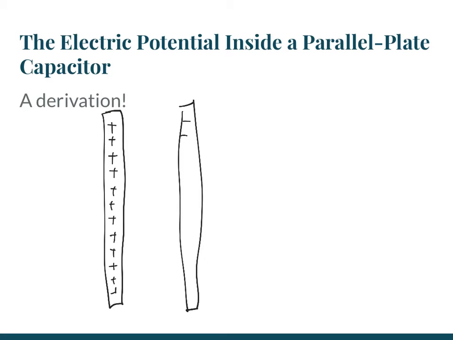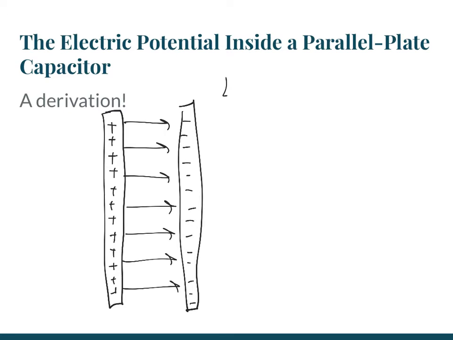Now we should know from the last chapter that a parallel plate capacitor generates a uniform electric field that points from the positive plate to the negative plate. And we had an equation to calculate that field: the field equals the total charge on one of the plates divided by epsilon naught, which is the permittivity of free space, or vacuum permittivity, times the area of one plate.